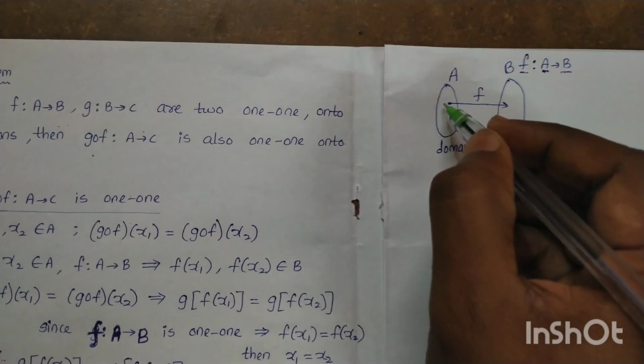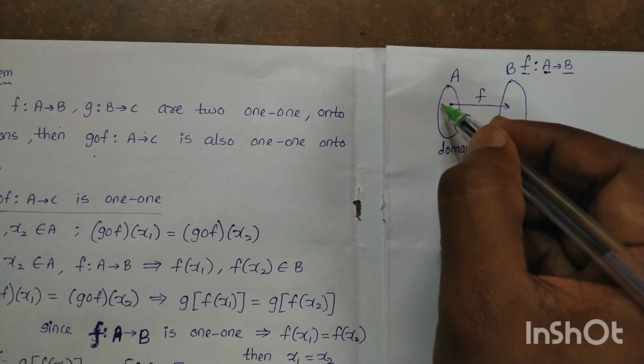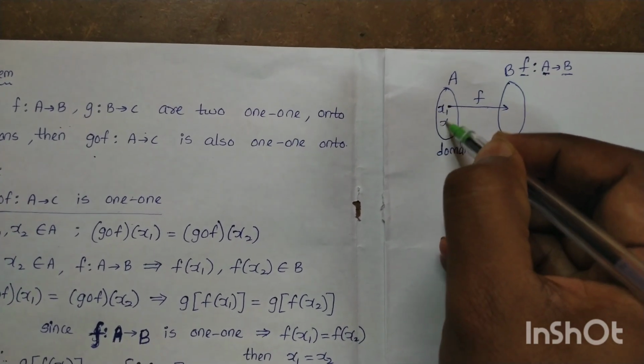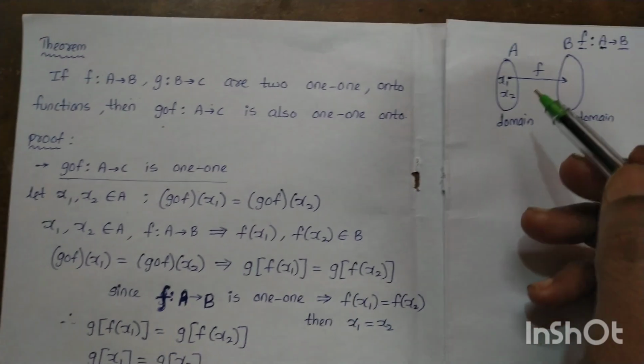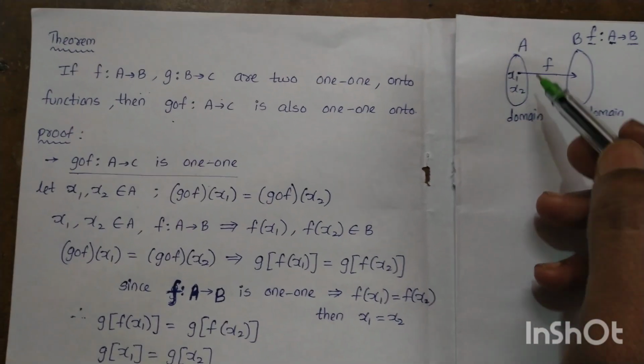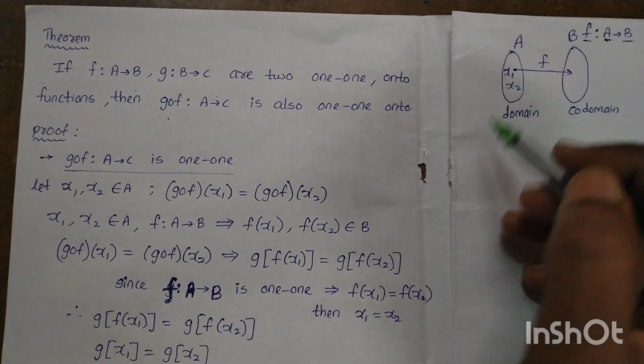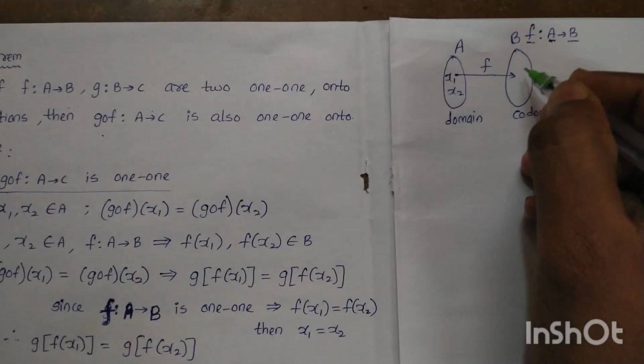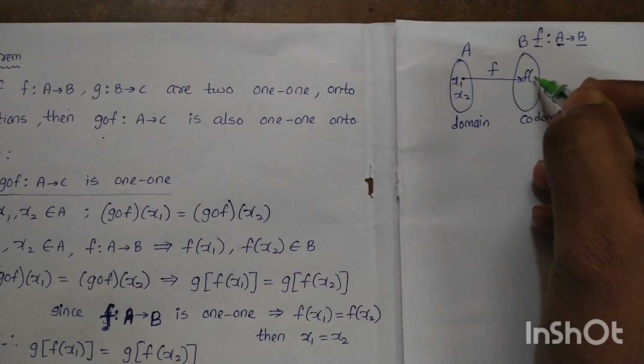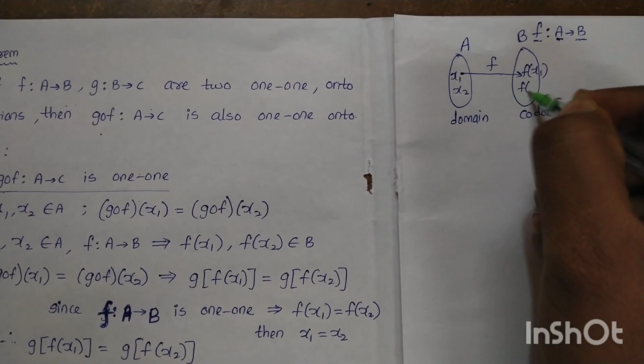There are some elements here which are mapping to certain elements in the codomain. The elements in A are x1 and x2. These are the two elements in the domain set A. Here the elements are f of x1 and f of x2.